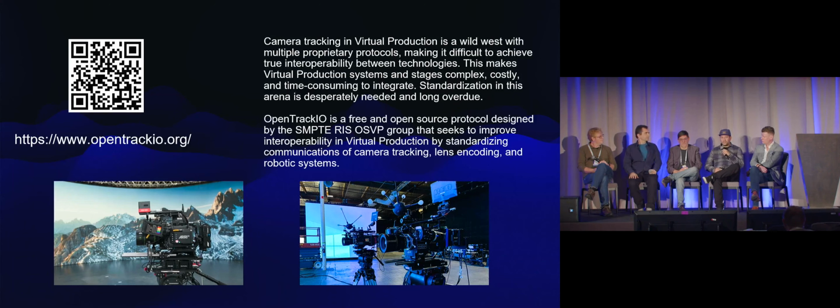Which brings us into what this initiative is with OpenTrackIO and it going live this morning and being available. So the web page is live. This is actually just a little QR for everyone to grab and look at.